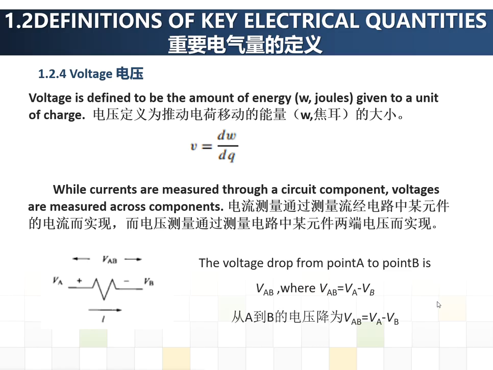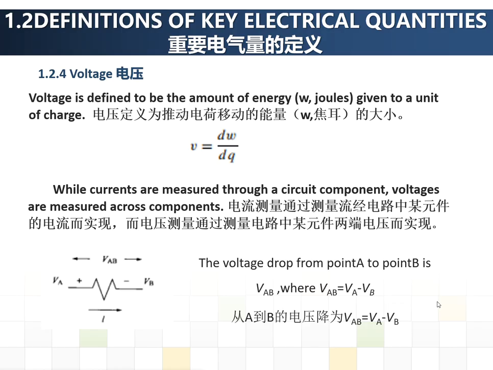Section 1.2.4 shows the concept of voltage. Voltage is defined to be the amount of energy given to a unit of charge. Therefore, voltage is defined as dW divided by dQ. While currents are measured through a circuit component, voltage are measured across a component.